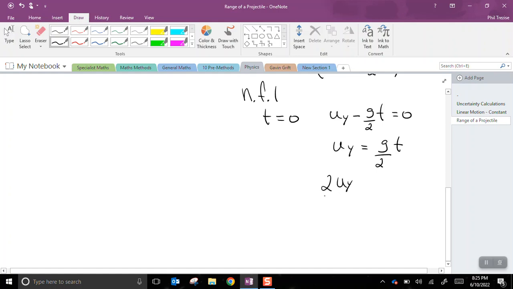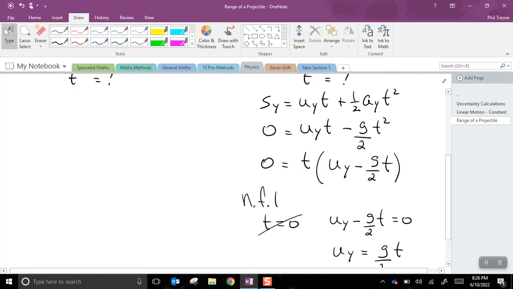So 2 times uy divided by g could equal t. That's the one I'm interested in because that represents the time of flight, the time that it takes for the particle to come back down and hit the ground. So I will reject the t equals 0 solution as not very interesting.